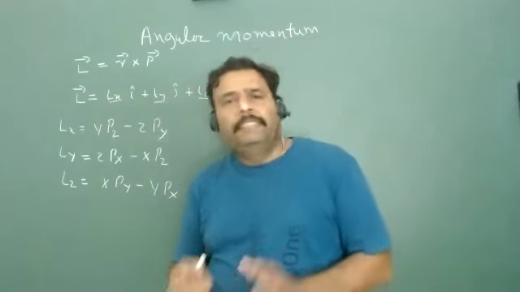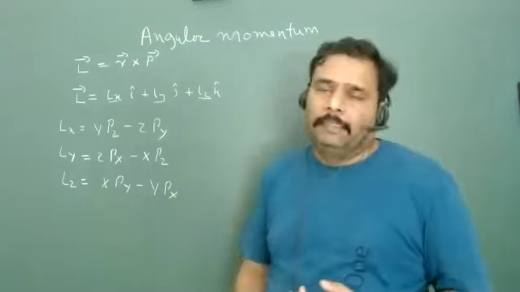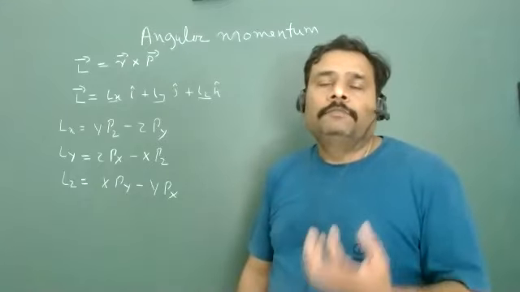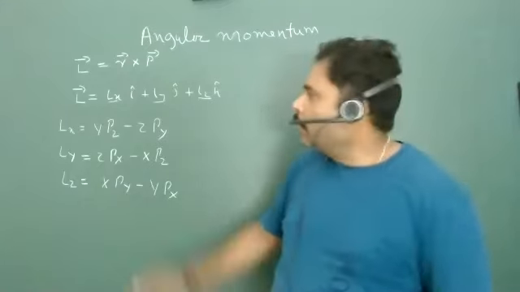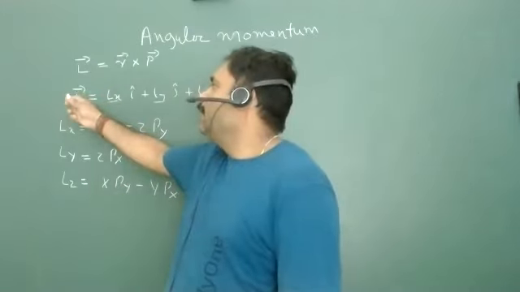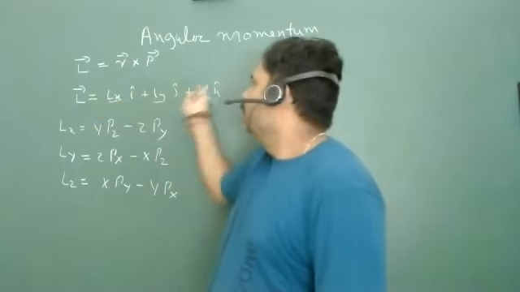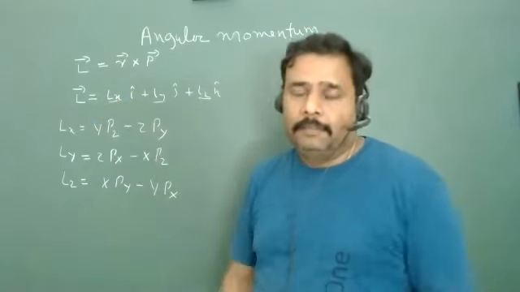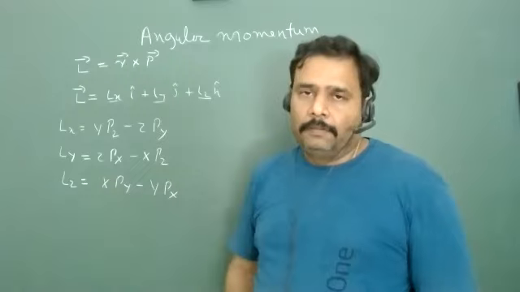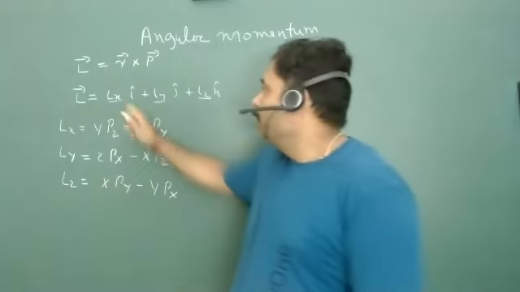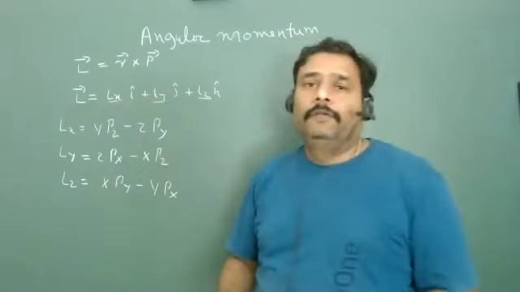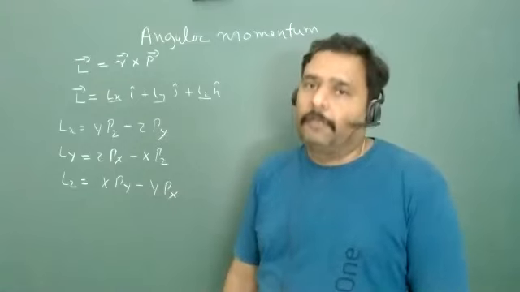So are these three components good quantum operators? Basically, if I know Lx, Ly, Lz simultaneously, then it's over. But let's check whether Lx, Ly, and Lz can be measured simultaneously or not.